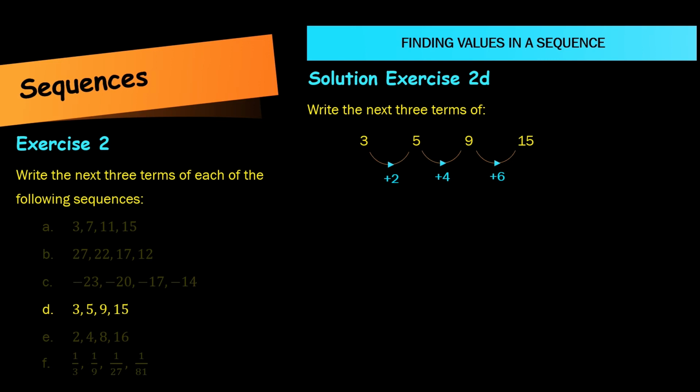So 2, 4, 6, and therefore for the next three terms we're going to first add 8, then add 10, then add 12. So let's do that. So adding 8 to 15 gives us 23, adding 10 to 23 gives us 33, and finally adding 12 to 33 gives us 45.